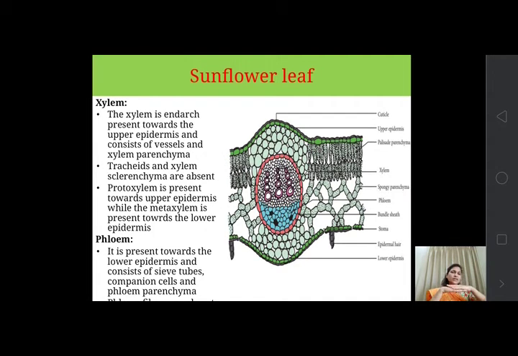So to avoid transpiration, to avoid the evaporation rate of the plant body, the number of stomata is less in the upper epidermis. In the lower epidermis, they are more in number.